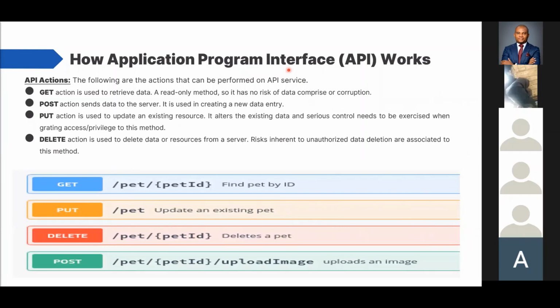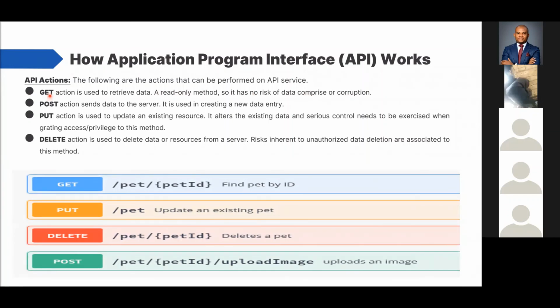Now, we have what we call API actions. What actions can be performed on APIs? We have the get, post, put, and delete actions, which are very important. For the get action, we are giving read-only access to our information, which means we are only able to retrieve data from a third-party application or database.